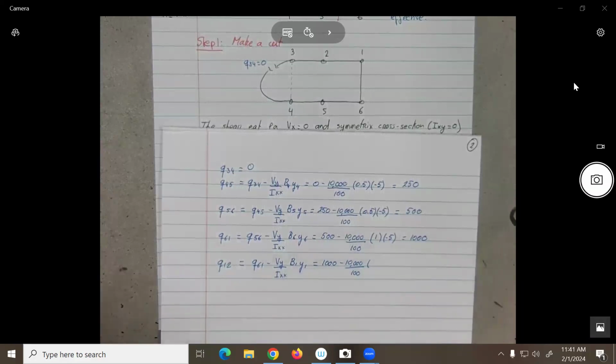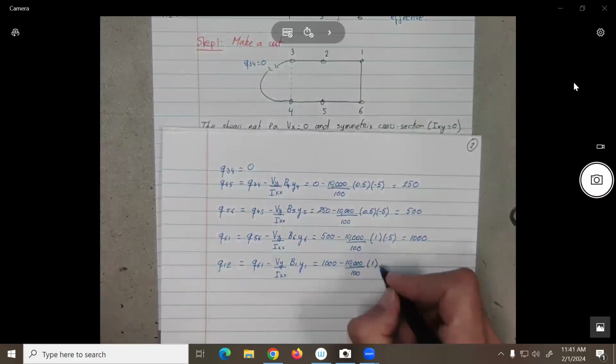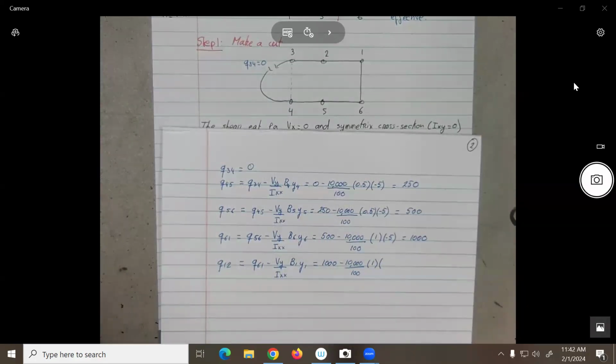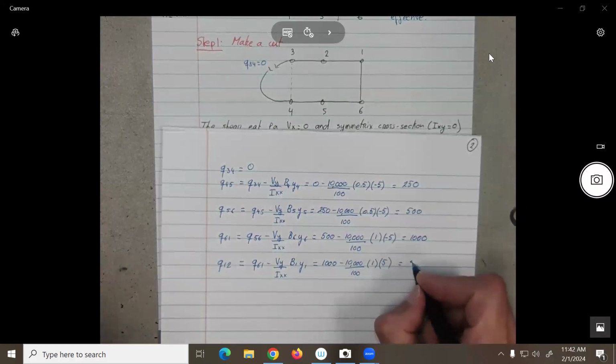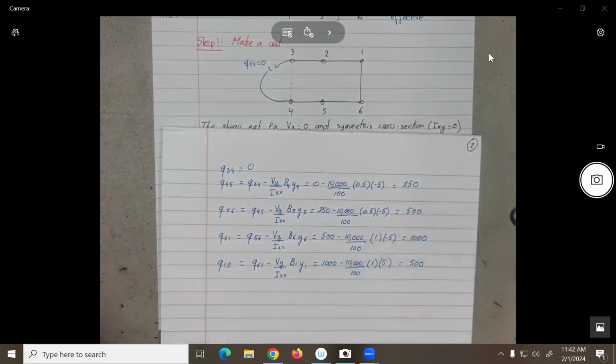What is B1? 1. What would be Y1? Would be 5, because the one on top, okay, is the one here. So we'll be positive 5. So basically that means that we're gonna have what? The 1,000 minus 500. This should give you 400.